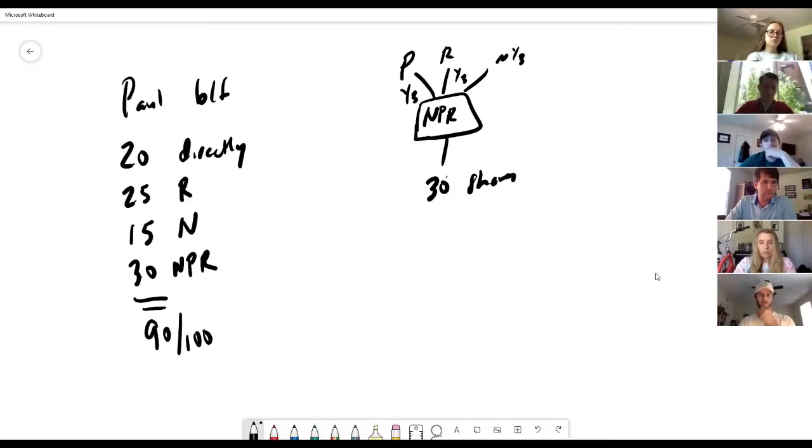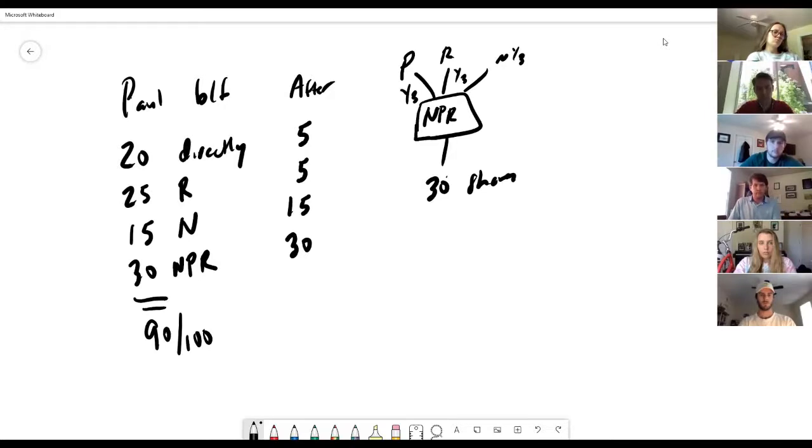The only shares that he's deemed not to own are the shares owned by his grandparent. Okay, so that's what Paul owns before. And then after, well, 15 are being redeemed from him, 20 are being redeemed from Rachel. Nick still has 15.